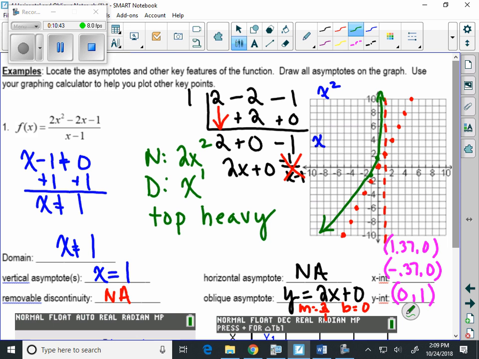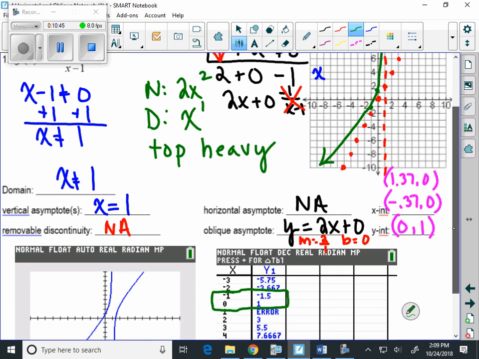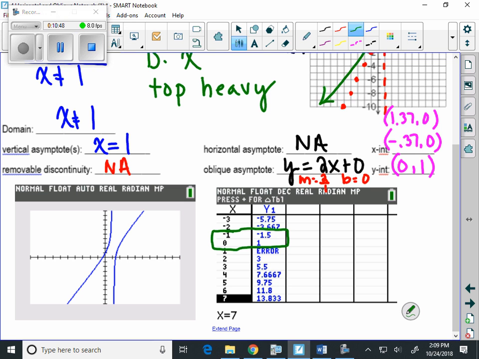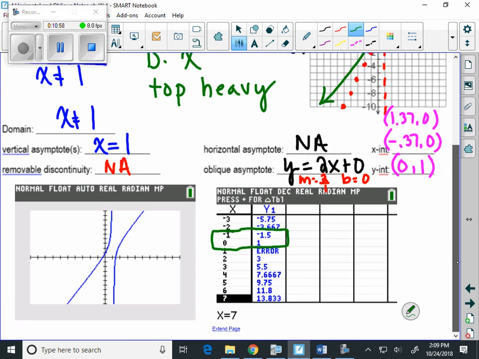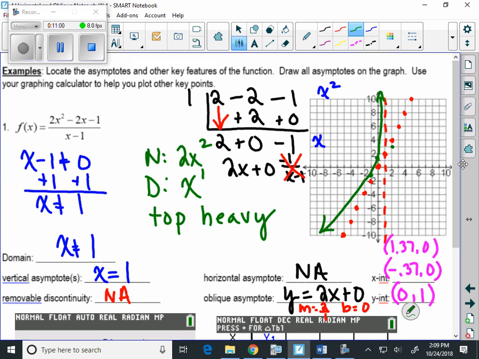And then on the other side of our vertical asymptote, let's graph 2, 3, and 3, 5.5. So 2, 3, and 3, 5.5. And the nice thing with the graphing calculator is we can see the picture.